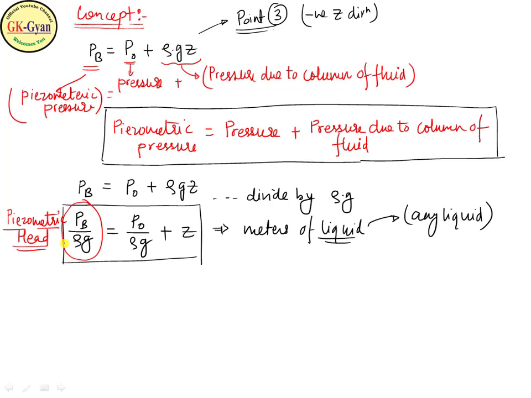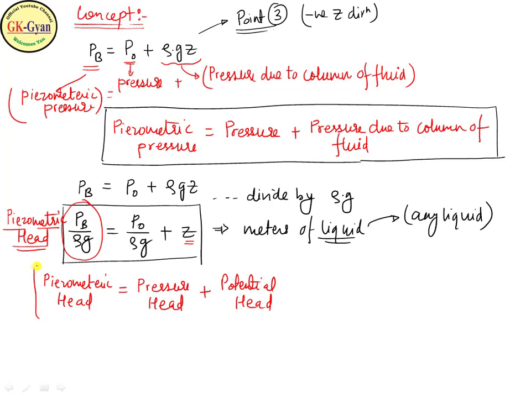So piezometric head is equal to pressure head plus Z, which is called the potential head.